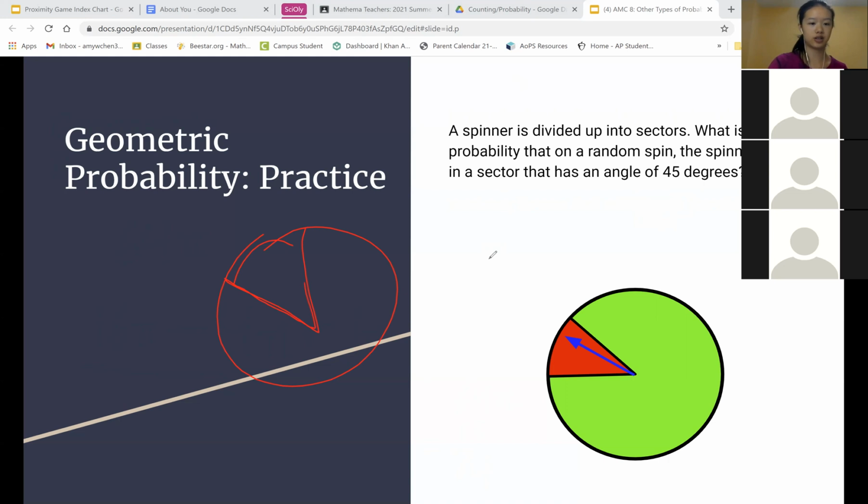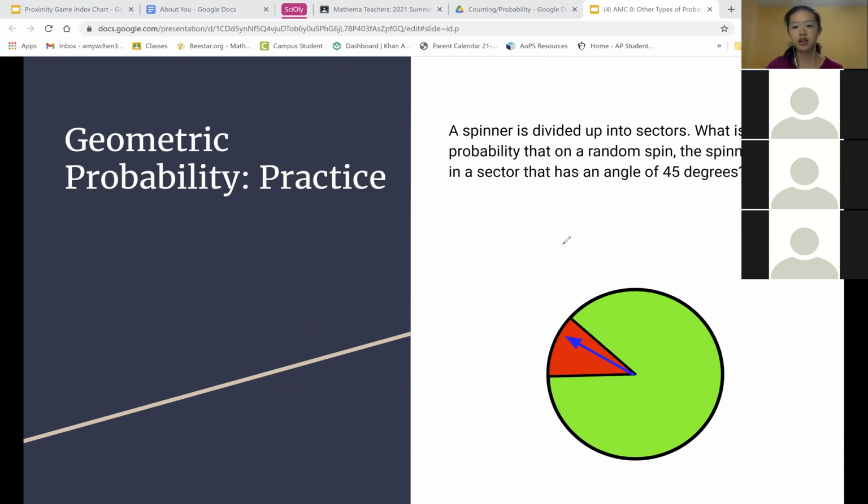That little pie piece is a sector, and the angle of the sector is the angle that the sector has. So in this case, it's 45 degrees.